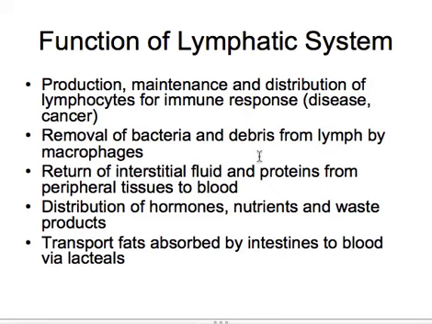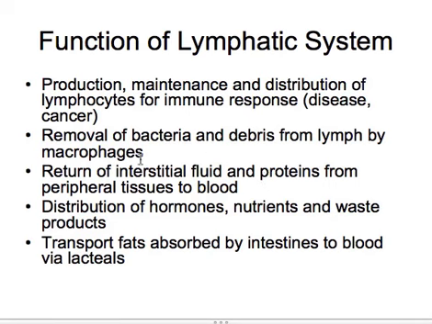It begins by tissue fluid coming into the lymphatic vessels from the tissues. So I've just mentioned that this interstitial fluid, which is tissue fluid, and proteins will come from your tissues and go into the lymphatic system, and then the lymphatic system will return it to your blood.